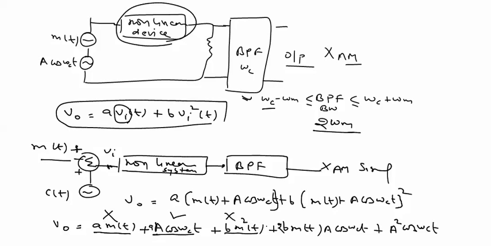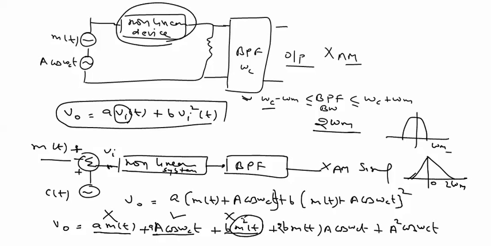This term is not selected because of m squared; m means the message signal, which is band limited. m squared means the square of it. By squaring this term, the spectrum is like this, starting at 0 and band limited up to twice omega m.